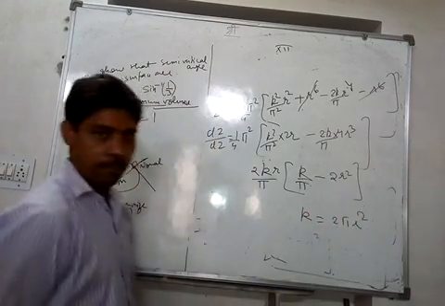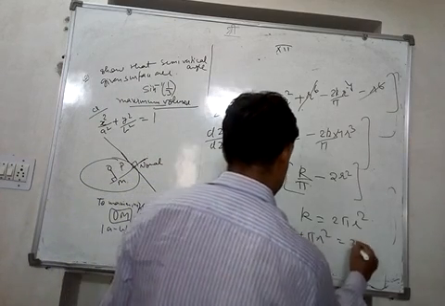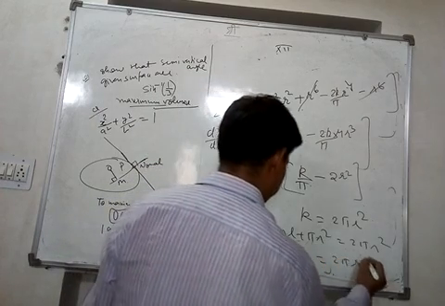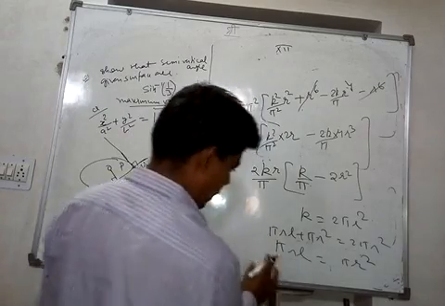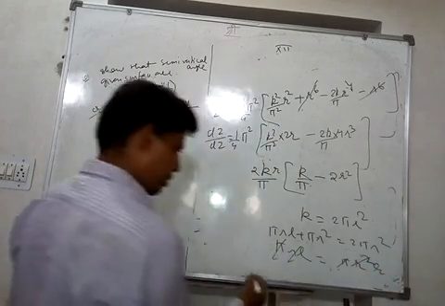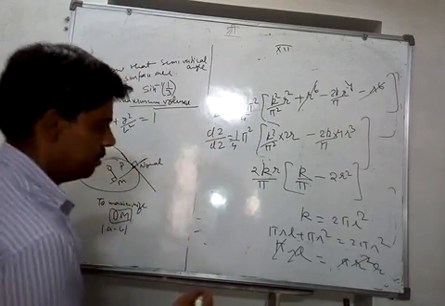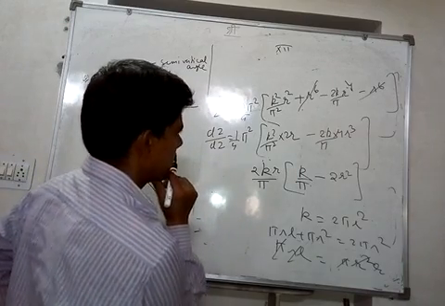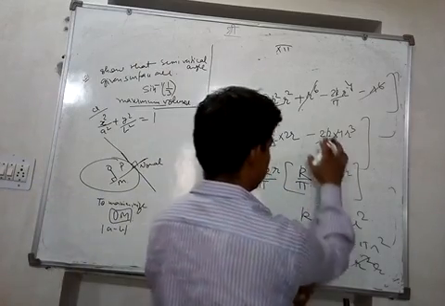That's the answer. And what is k? k is pi r l plus pi r square, which is equal to 2 pi r square. So pi r l is equal to 2 pi r square. Pi r cancels, and we get what? Pi gets cancelled, and r can be cancelled because it cannot be 0. So we get pi r l, pi r plus l, this we are getting. But this is 4 because the 2 we have taken common.